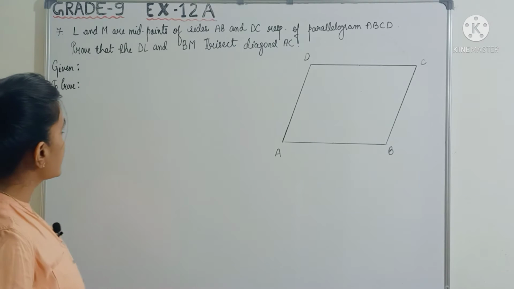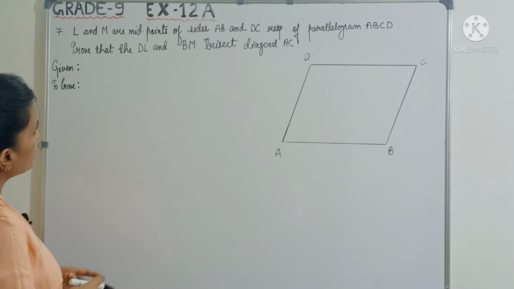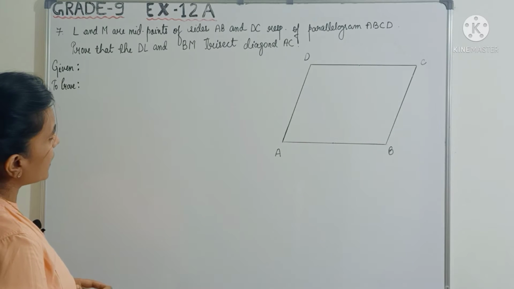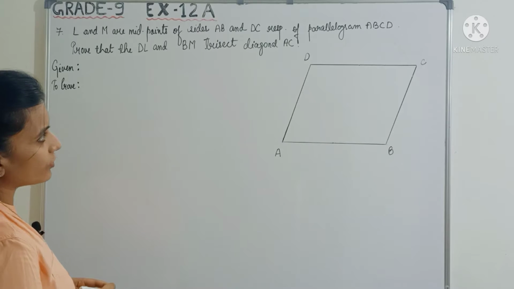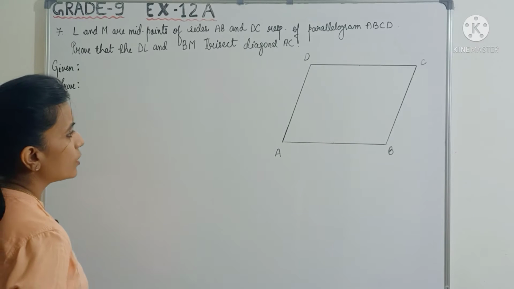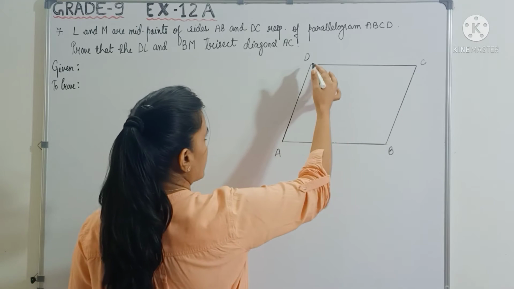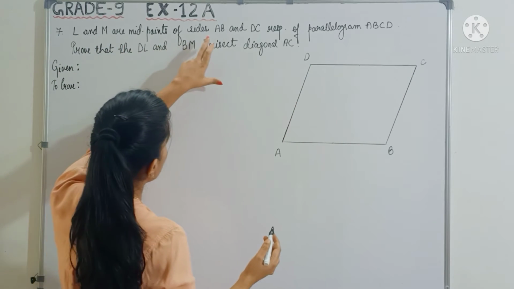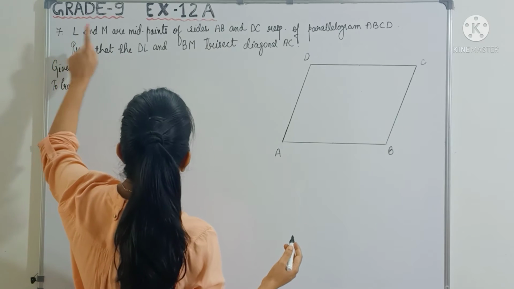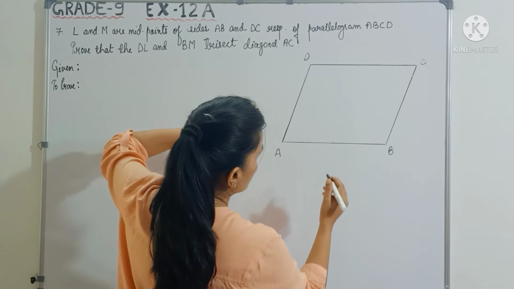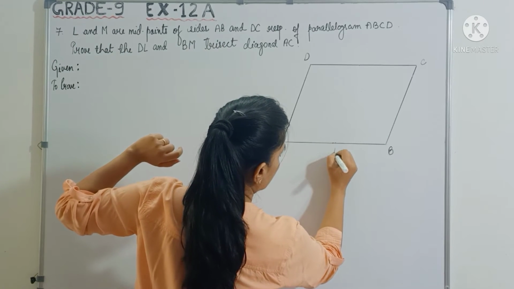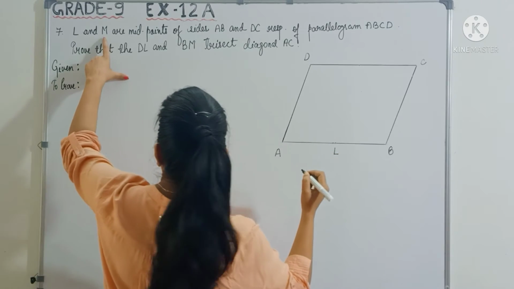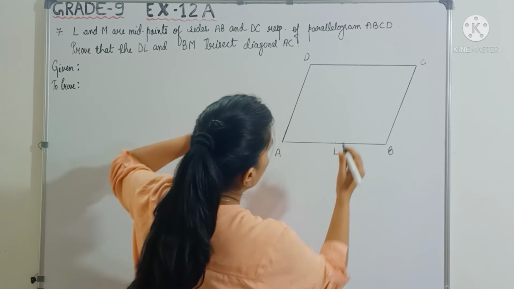Now question number 7 is: L and M are midpoints of sides AB and DC respectively of a parallelogram ABCD. So ABCD is a parallelogram where L and M are midpoints. L is the midpoint of AB, and M is the midpoint of DC.